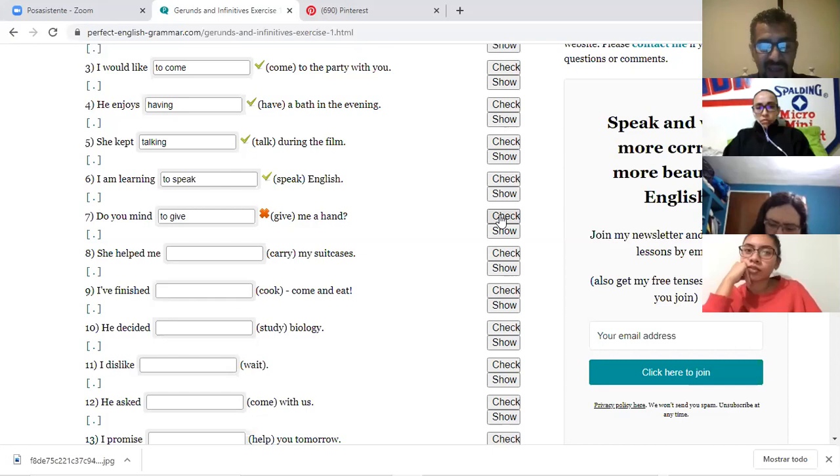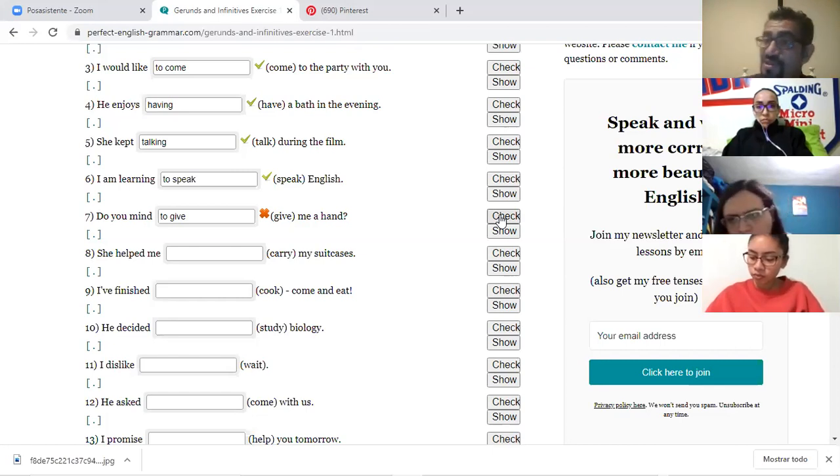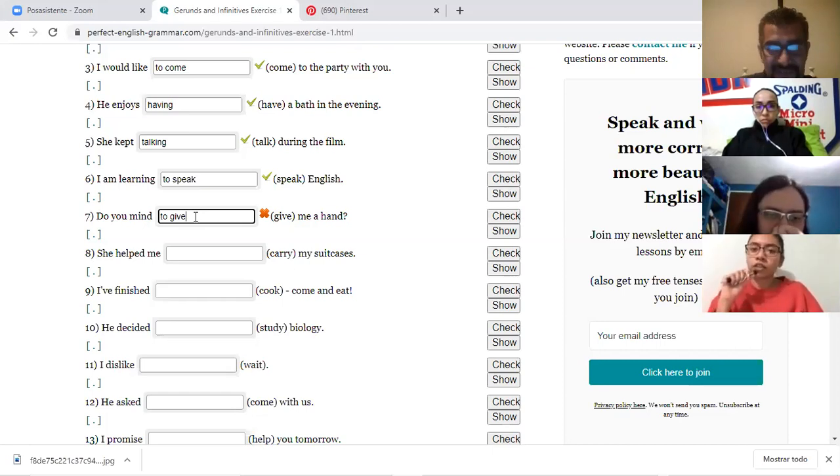Okay. Look in the list and you have an expression, can't help. Do you mind is an expression too. So when you are using expressions, it's more common to use the gerund. So in this case, the correct answer is giving.